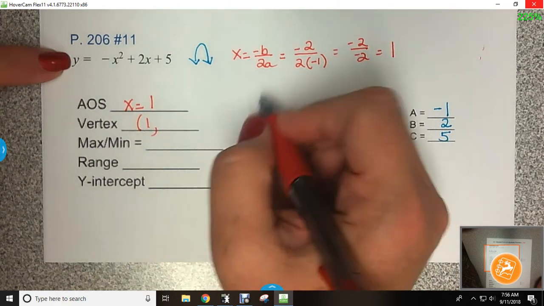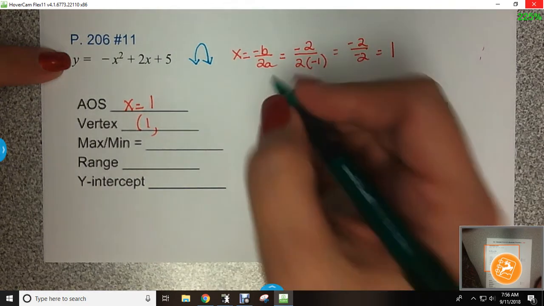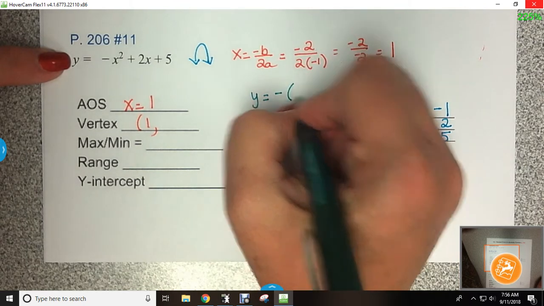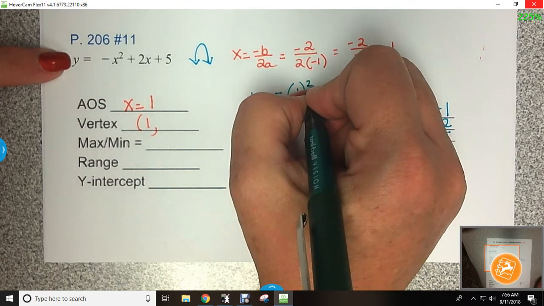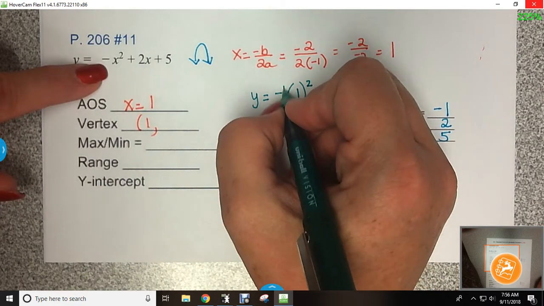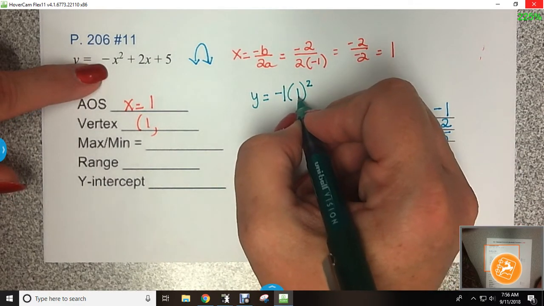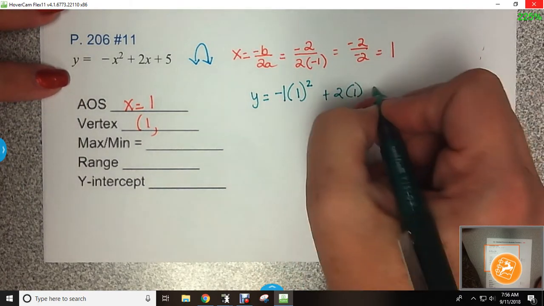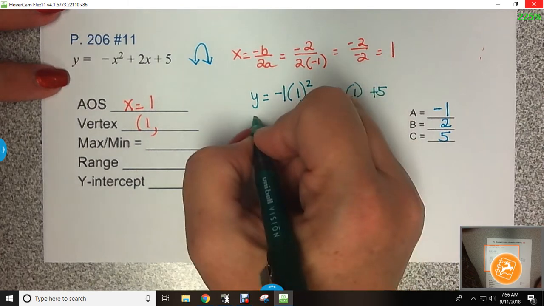I'm going to do it out here because I've got a little bit more room this time. So y equals negative times 1 squared. Remember, this negative is my coefficient here. So it's like negative 1 times my x value squared, plus 2 times 1 plus 5.